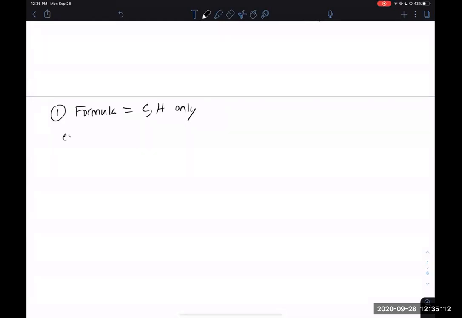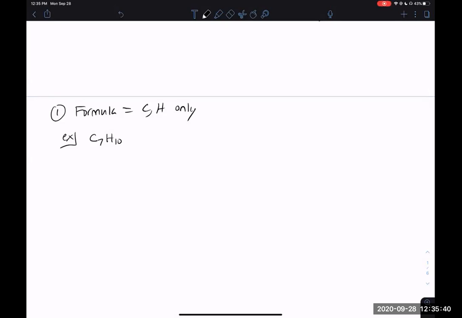So let's say, for example, that I had C7H16. No, that's boring. Let's do C7H10. So that's my formula. I don't have to account for anything like oxygens or nitrogens, so I'm good to go.